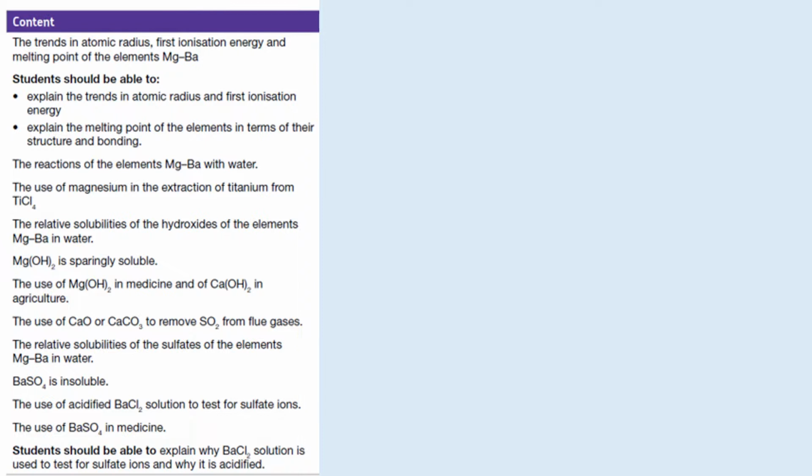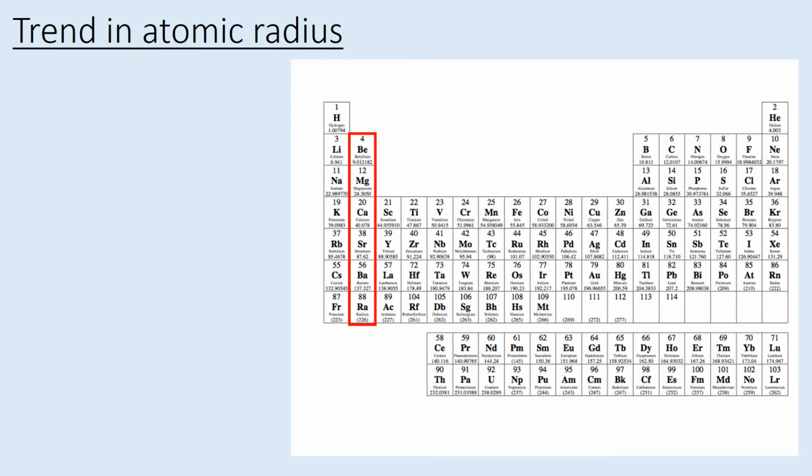So we're going to start with the very first point, which is to look at the trends in atomic radius and the trends in first ionization energy. Hopefully the radius one is very straightforward to explain. So there we've got the group 2 elements, from beryllium, magnesium and right the way down to radium.